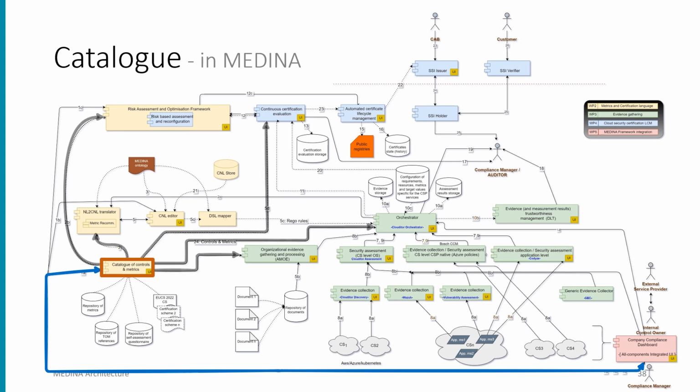The output is used by a user to consult the EUCS and by several other components that work with metrics. More specifically, the questionnaire results are used by the CSP or the auditor to check the compliance, and by RAOF component to perform risk computation.